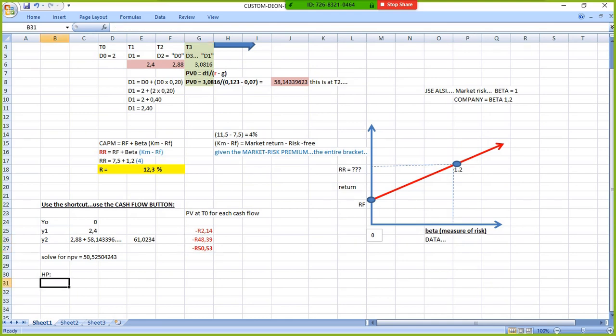Okay, on the HP, this is how you do it. Second function, clear. And then you should see a P/Y on your screen. The P/Y should be 0. Do you see that? Then you need to put in cash flow. So you press 0 and then you press the CF button.